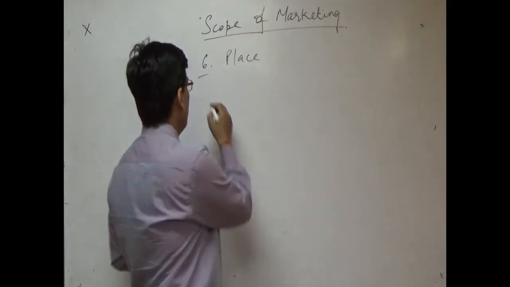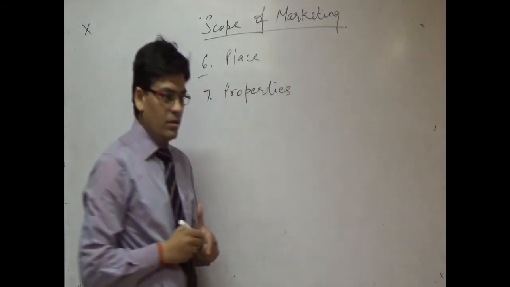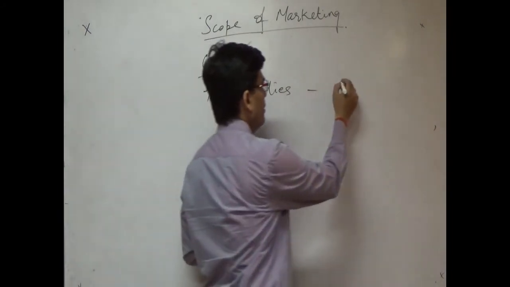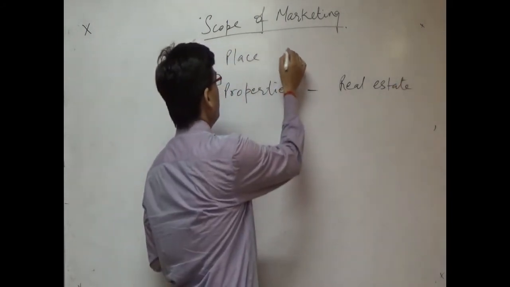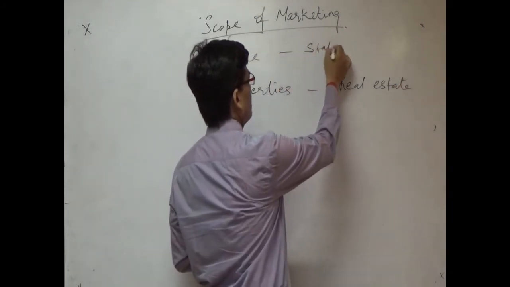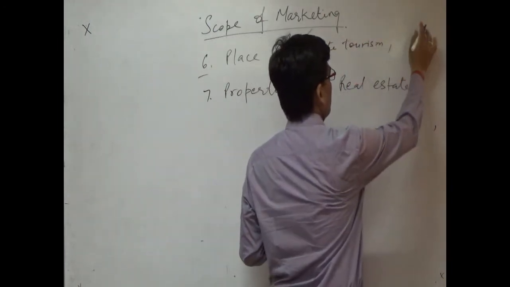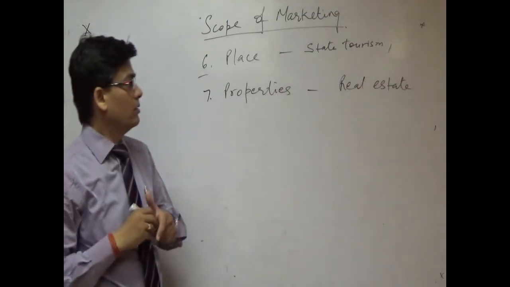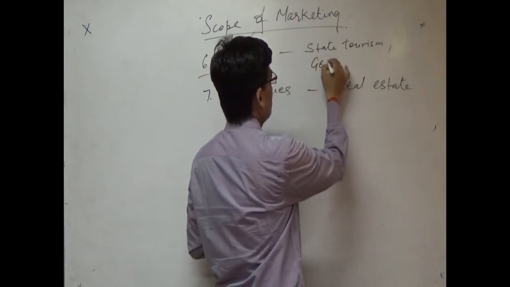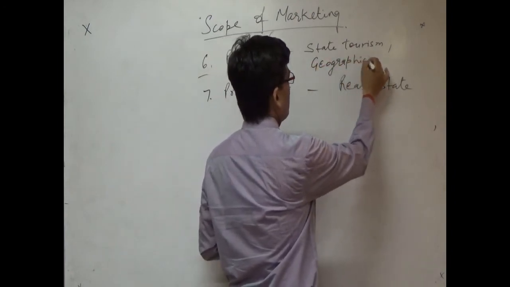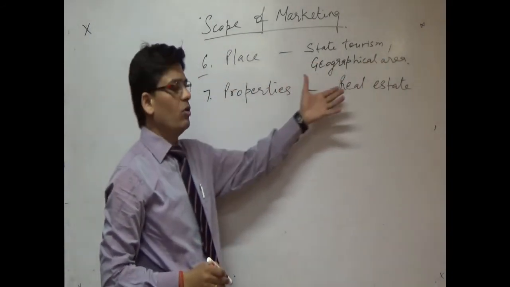Then properties, like real estate. So place included your state tourism, geographic area, monuments and so on.